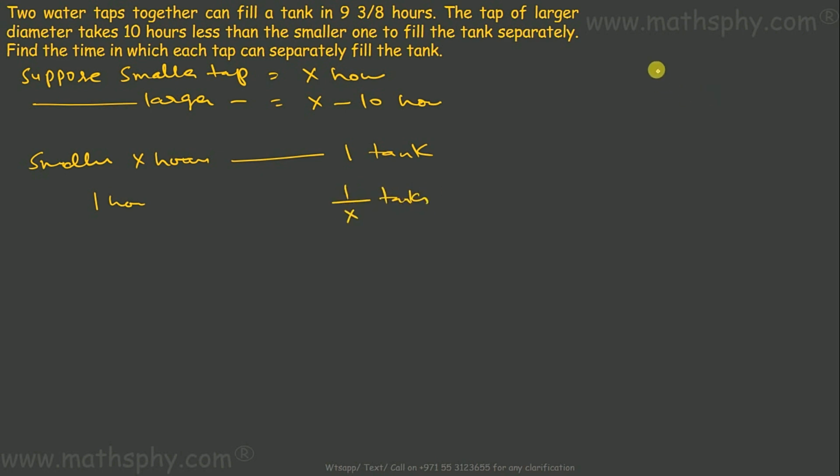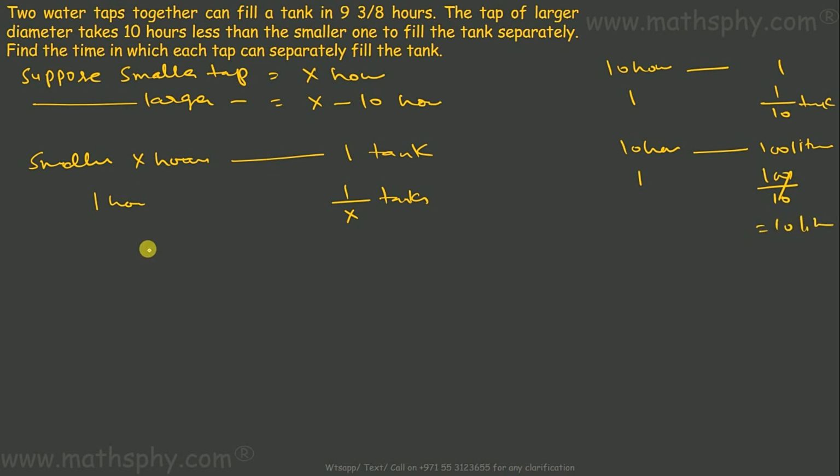This is like this. Suppose it takes 10 hours to fill up one tank. So in 1 hour, you will fill up 1 over 10 tank. Suppose the tank is a 100 liters tank, in 10 hours, you fill up 100 liters. So in 1 hour, you will fill up 100 over 10, means 10 liters.